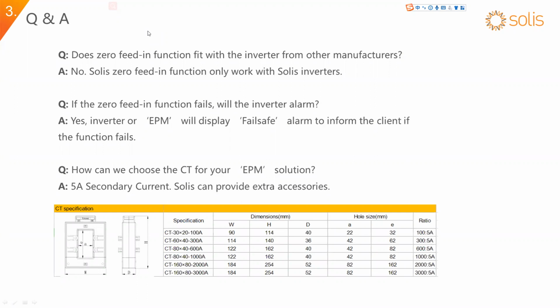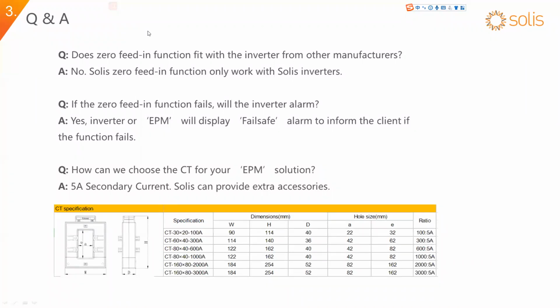Whether the EPM can be connected to two or more sets of data chain? So that is no. One EPM can only accept one set of data chain of the inverters. I understand if you want to create more data chains between the inverters, but I think that is not accepted by the EPM because the control is going to be in a mess if you connect them in parallel to the EPM.